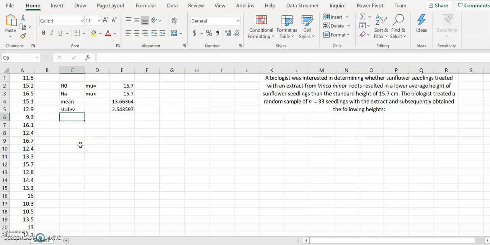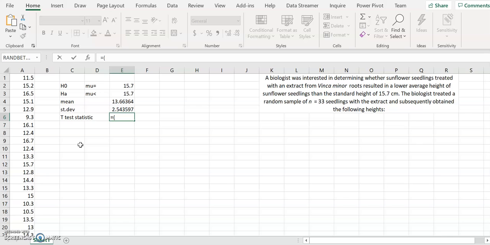And so then we're going to need to calculate our t-test statistic. And so recall our formula. It's the difference between the mean of the sample and the mean of the null hypothesis divided by the standard deviation divided by the square root of n.